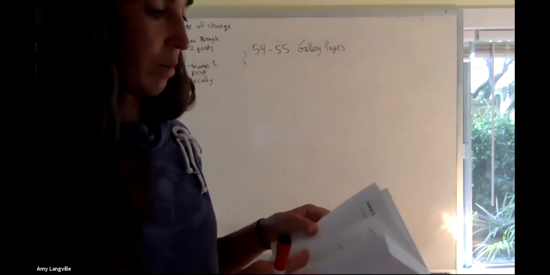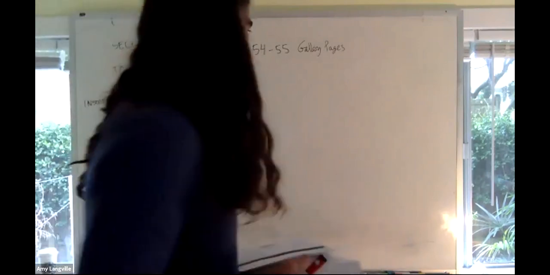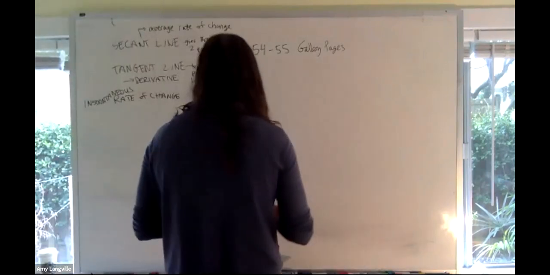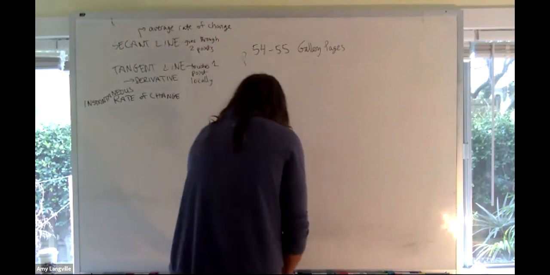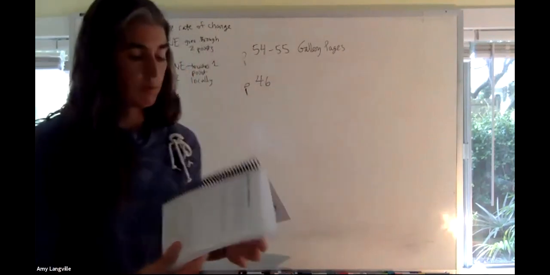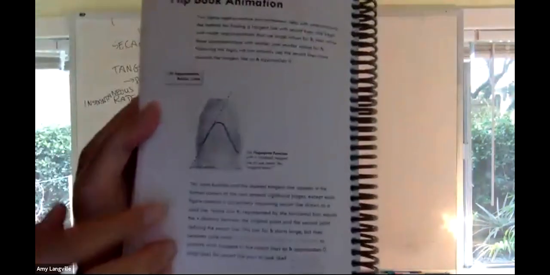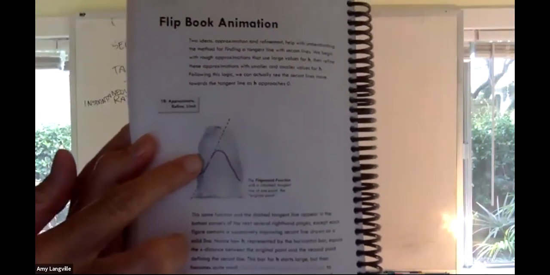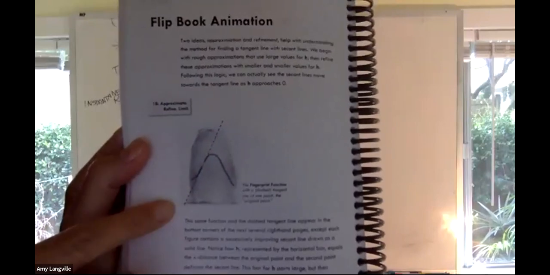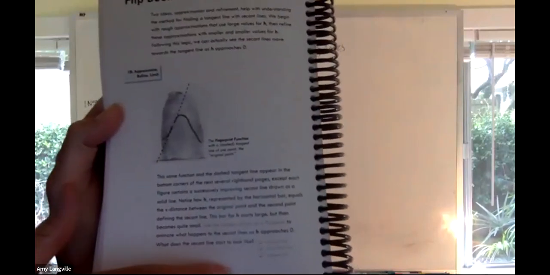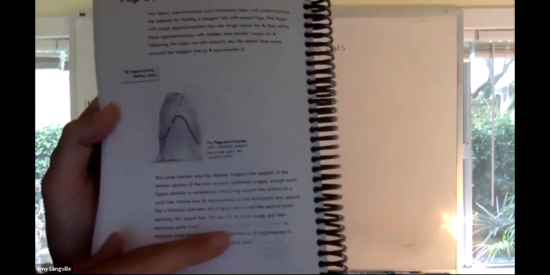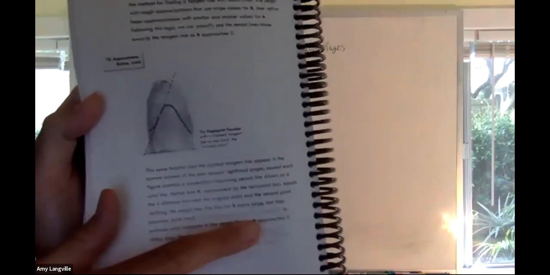Another way of thinking about it, I think I asked you to do this earlier also. This is one of your homework assignments on page 46. That's the same fingerprint function. There is a point of tangency. There is a dashed tangent line. And then the assignment asks you some things about this line. And then it says use the bottom corners in gray as a flip book.